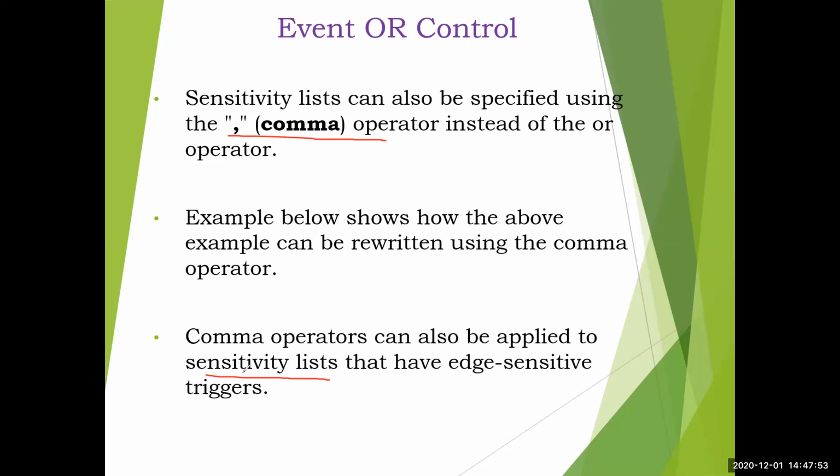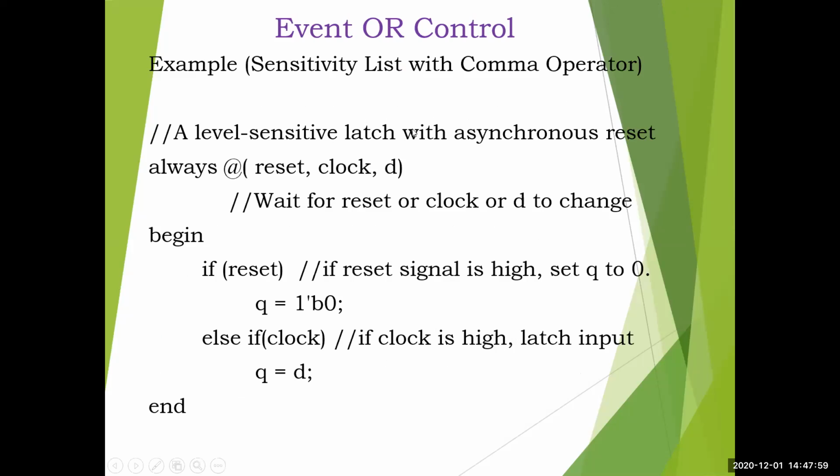The last concept we have is edge sensitive control, and we will do that there. This is the same program, no changes, the only change is in the always. See here, OR is removed, comma is placed, OR is removed, comma is placed. It has the same meaning, wait for the reset or clock or D to change. Same program, the remaining part is also the same. So you can use comma or OR.